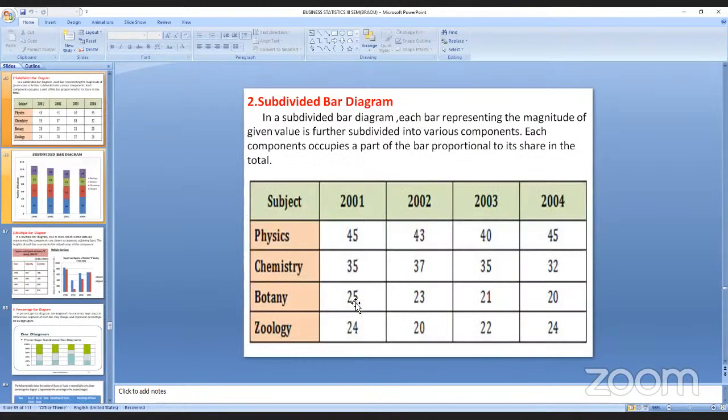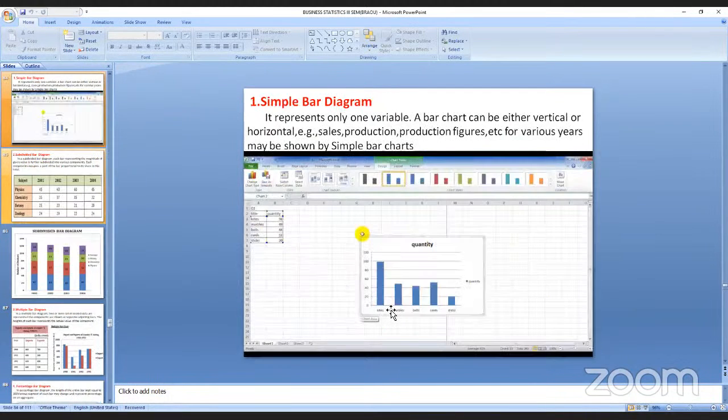Got my point? And next one is subdivided, where one bar should be divided. Have you taken the screenshot first? Over, ma'am.